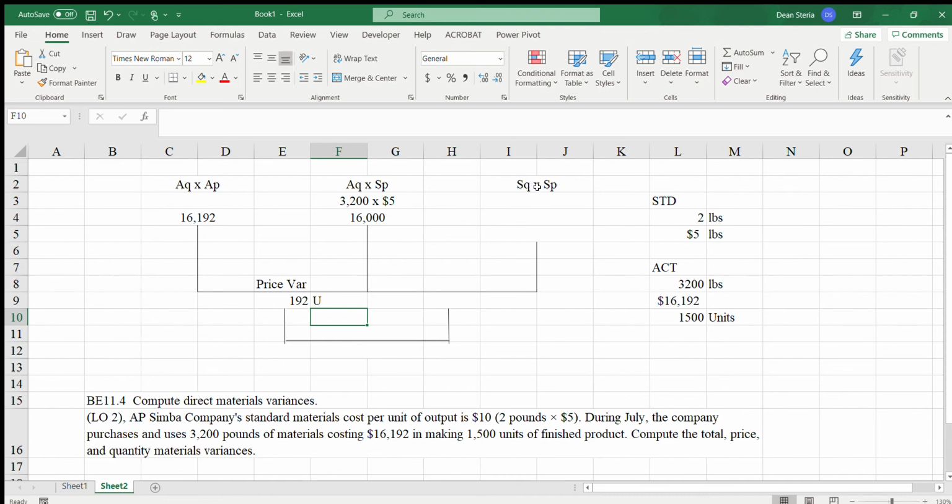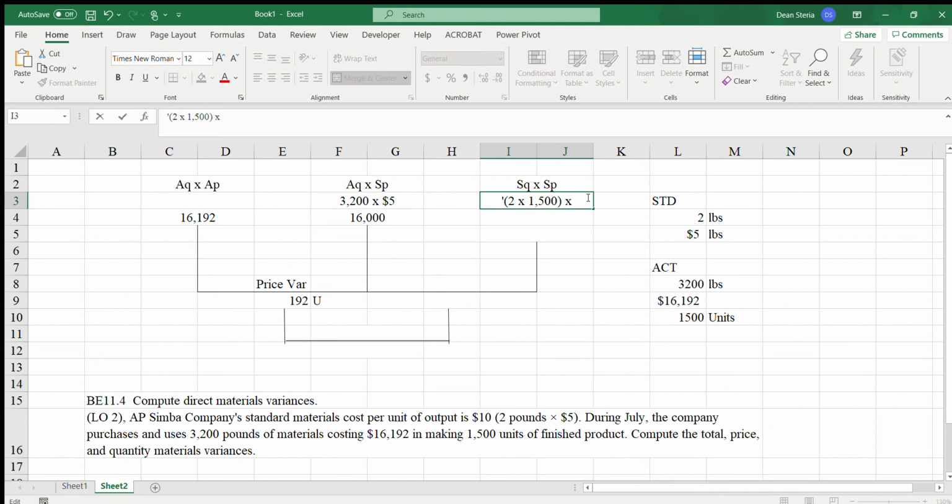Now with the standard quantity times the standard price, we have to do an extra step here because we have to figure out what our standard quantity is. My standard quantity should have been 2 pounds per unit times the 1,500 units we actually made, and then we're going to multiply that by our standard price of $5.